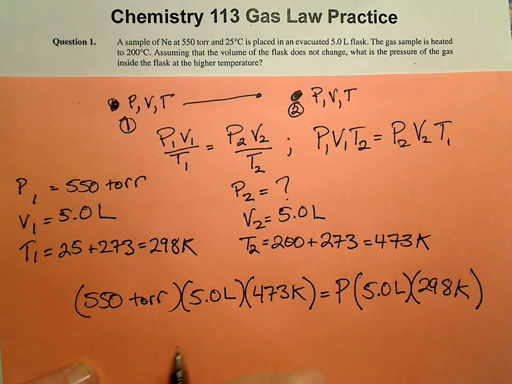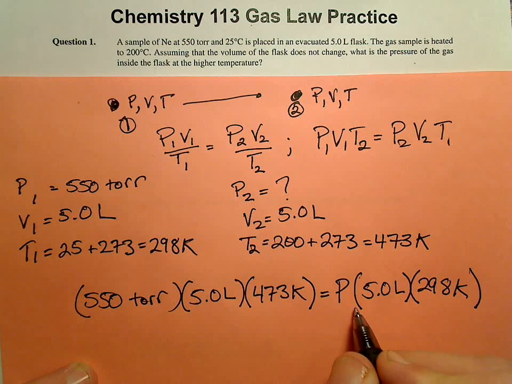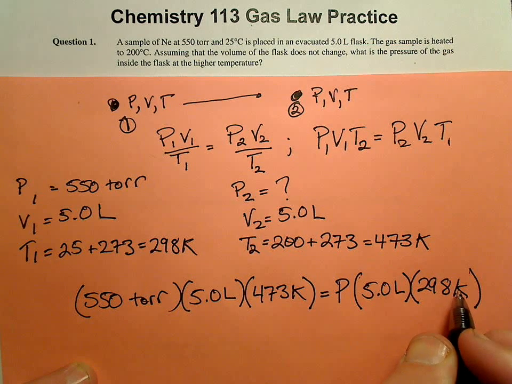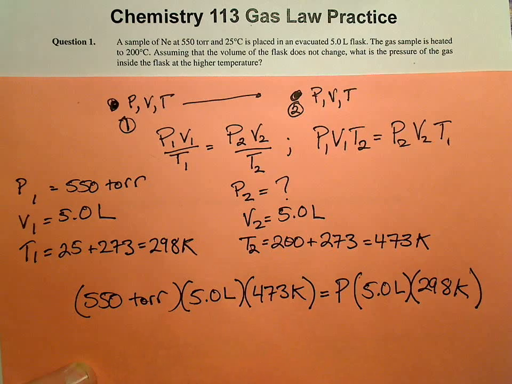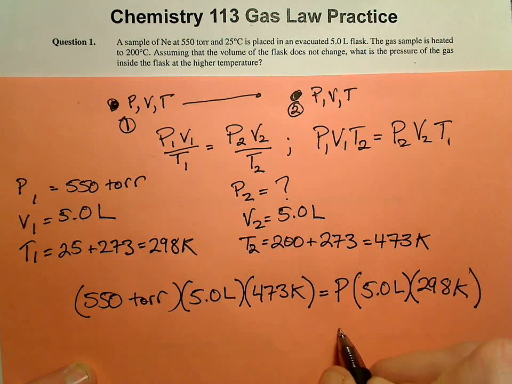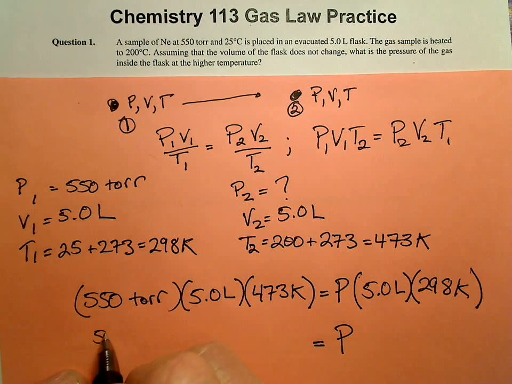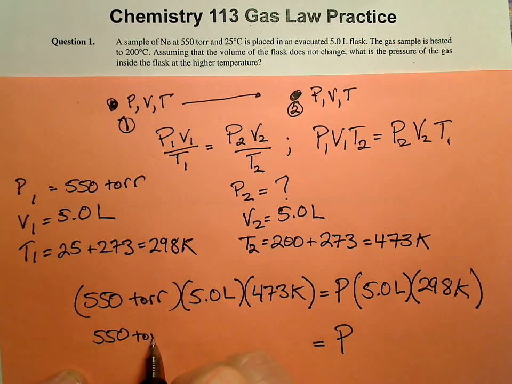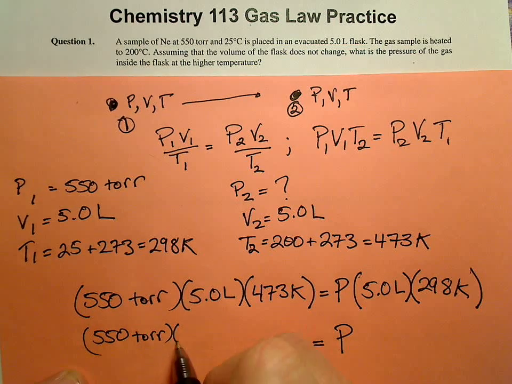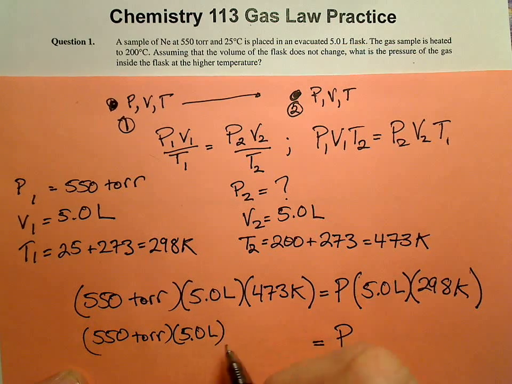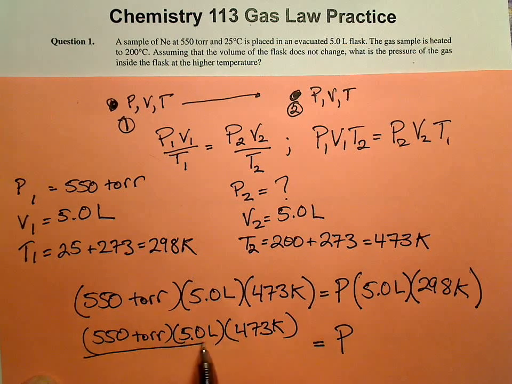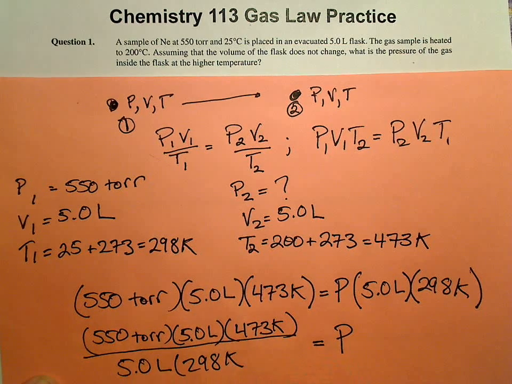So, plug this whole thing in. We're going to divide both sides by 5 times 298. Okay, so we know that P is equal to 550 torr times 5 liters times 473 kelvins, all divided by 5 liters times 298 kelvins.